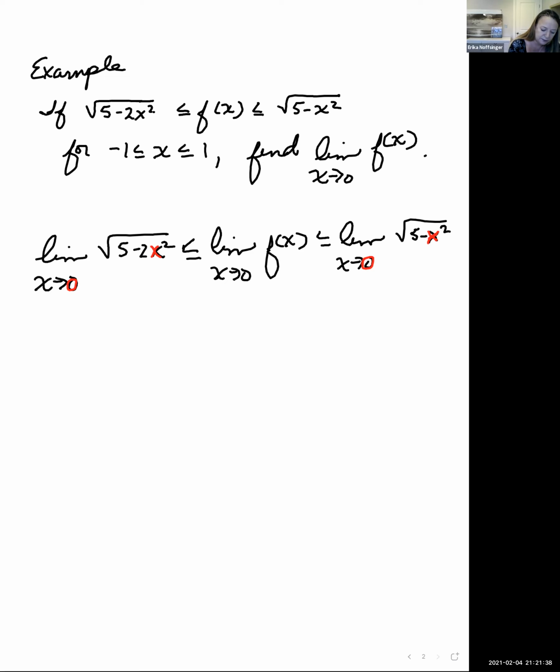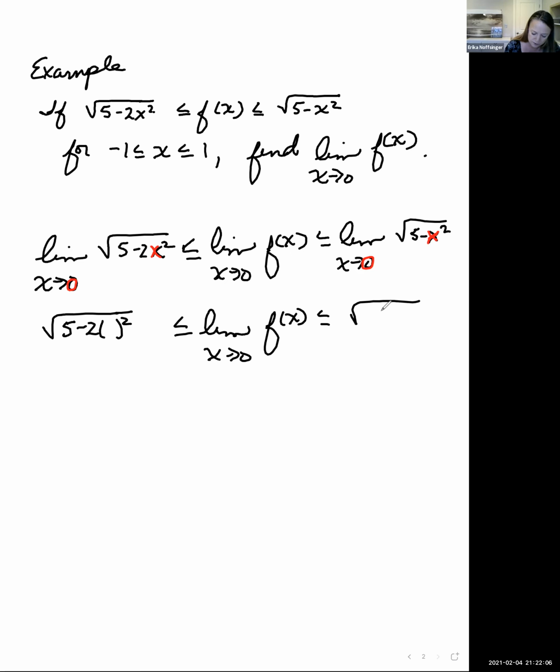Looking at the limit on the left, I'm going to drop the limit because I'm plugging it in. I have the square root of 5 minus 2, put parentheses, and then square that, and keep it as a limit as x approaching 0 of f of x. And then I'm going to do a direct substitution for the limit on the far right.